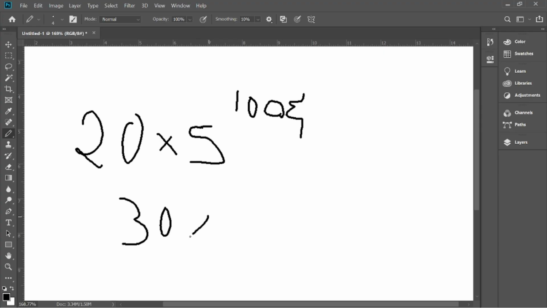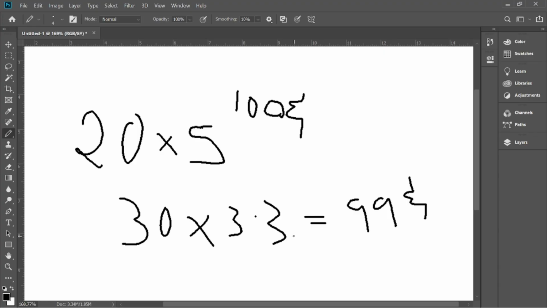Let's just say 3.3. 30 times 3.3, as you should know, that's going to give you $99, which is basically the same thing as $100. So that's how you calculate your position sizing, to make sure that you are on a fixed risk for every trade, which will help you in the long run.